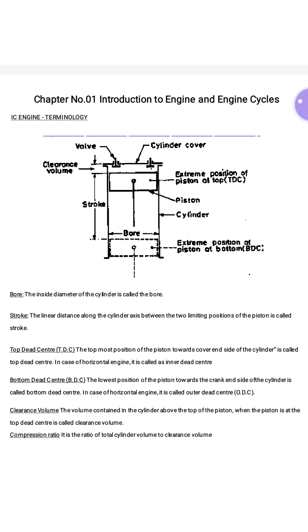Next, clearance volume. The volume contained in the cylinder above the top of the piston when the piston is at top dead center is called the clearance volume. Some clearance volume is always provided inside the engine cylinder for the accommodation of valves, that is, for opening and closing of the inlet and outlet valves.